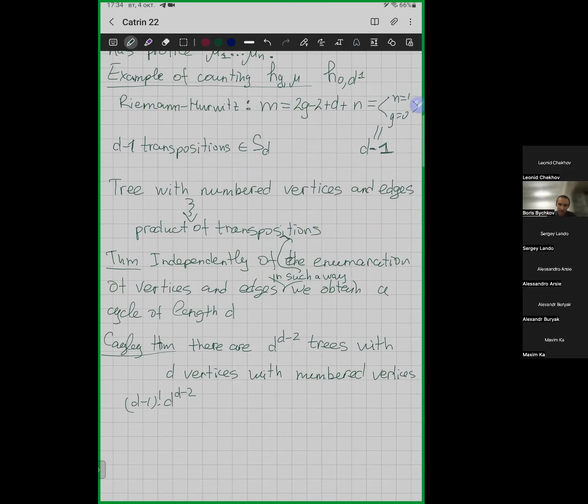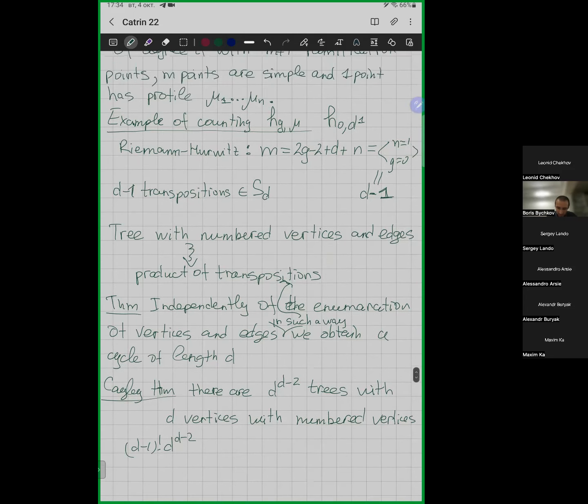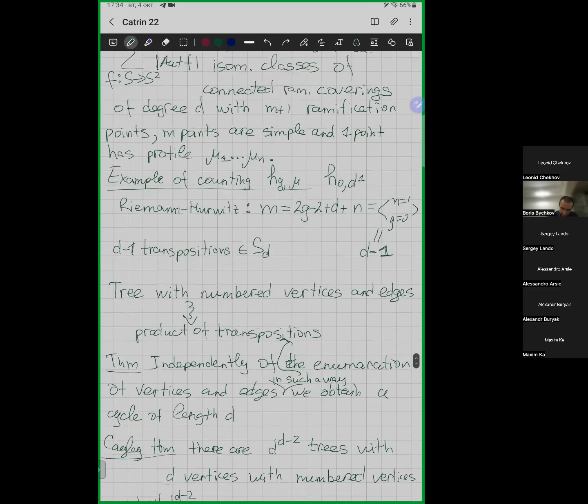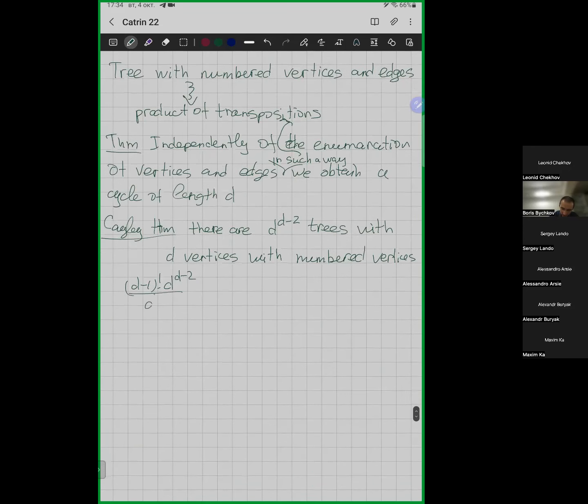For each tree we obtain our decomposition, and in the definition of the Hurwitz number we have this 1 over d factorial. So finally we obtain something like this, and it is d to the power d-3.